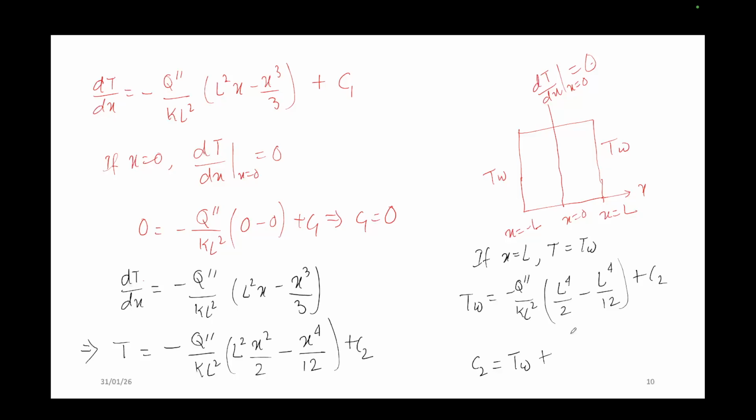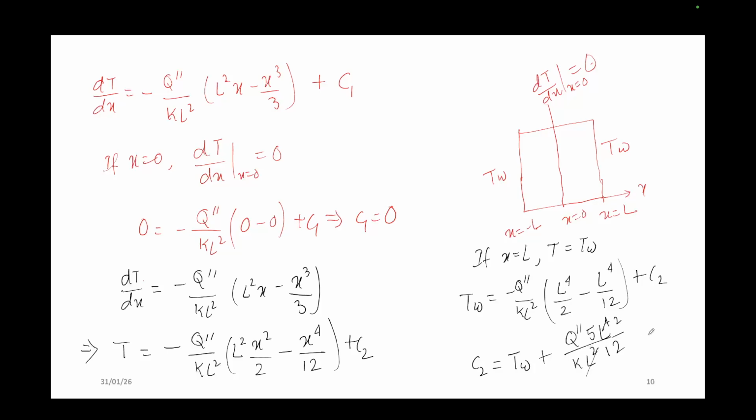Okay, Q double dash by K, L square into 4 by 12. So L square is cancelling out.